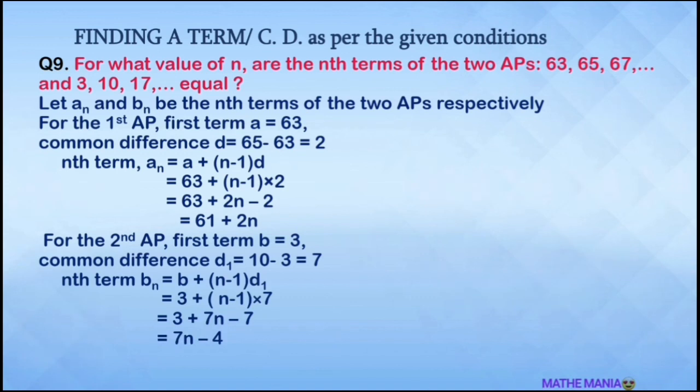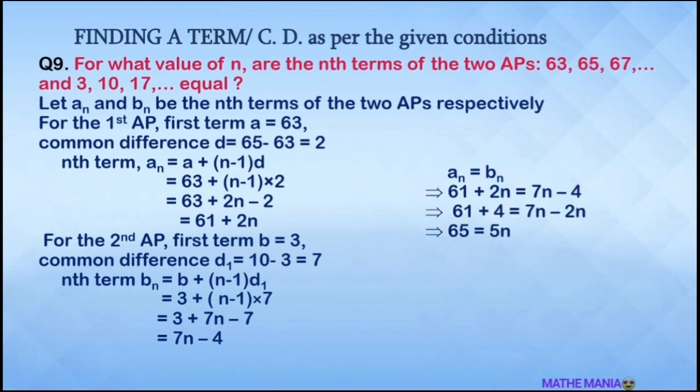So now we have got the nth terms of both the APs, and it is given that they are equal. Putting them equal, 61 plus 2n is equal to 7n minus 4. Simplifying this equation, we get 65 is equal to 5n or n is equal to 65 over 5, that is equal to 13. Thus, the 13th terms of these two APs are equal.